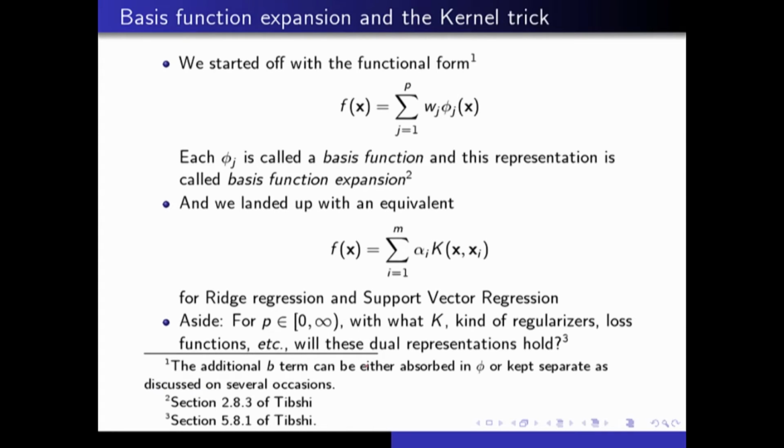So this is the basis function expansion in the original space, a weighted linear combination of the basis functions, now being replaced with a slightly different form of basis function expansion, a weighted linear combination, but the basis functions are in some sense provided or indexed by examples. Phi i of x comes as k(x, xi).